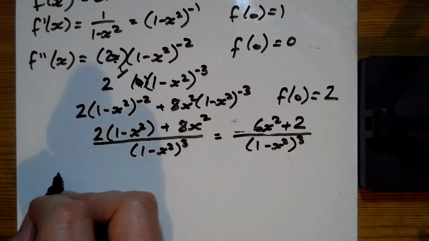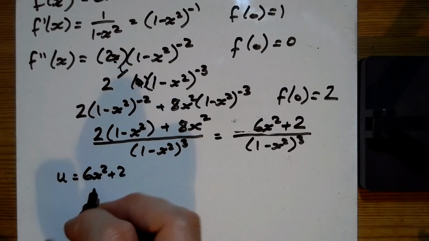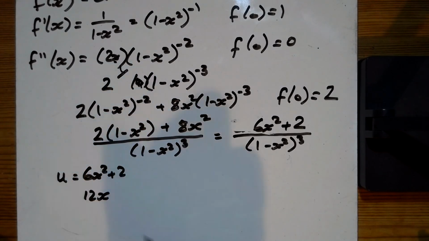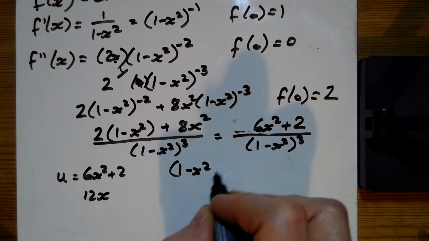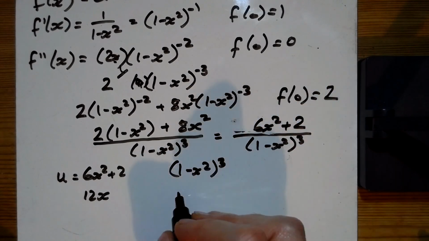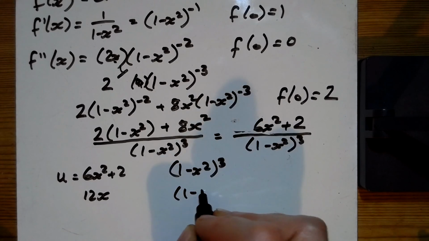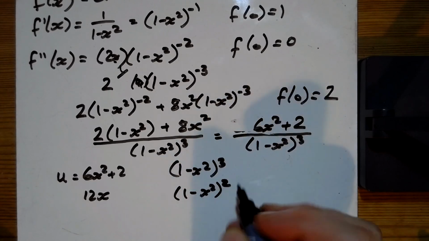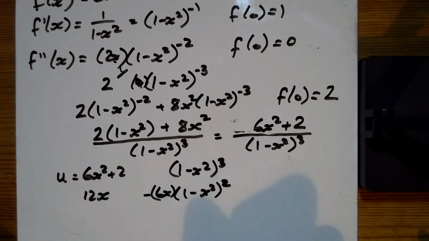Right, okay. So now we're doing 6x squared add 2, which goes to 12x. And we've got 1 minus x squared cubed, and it's positive because I'm doing a quotient rule this time. So that is 1 minus x squared squared times by 3 and times by minus 2x. So I got minus 6x coming out there.